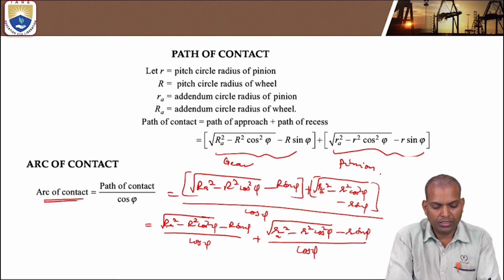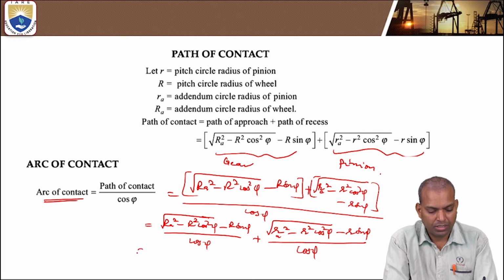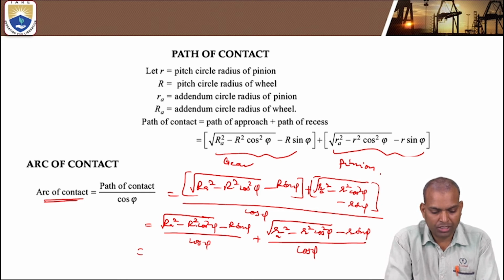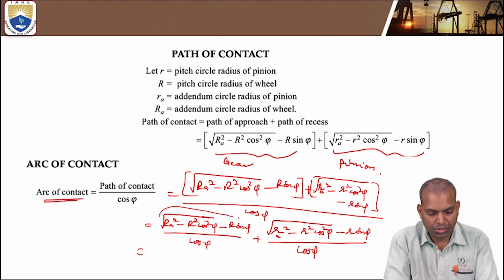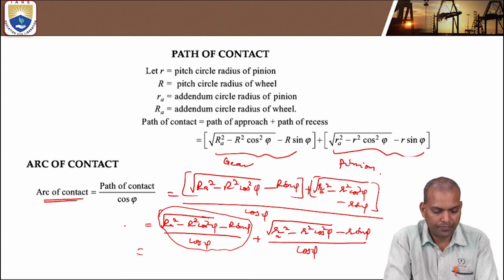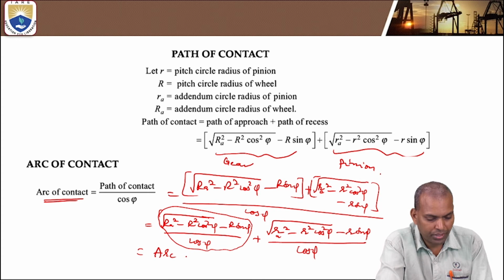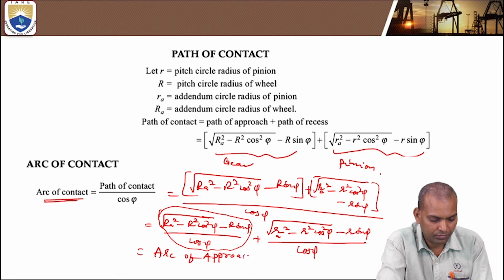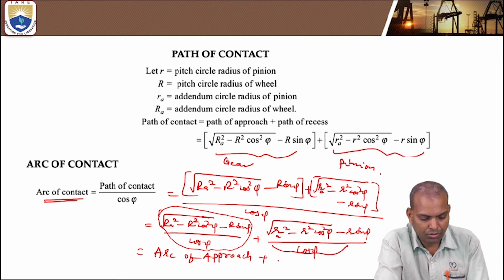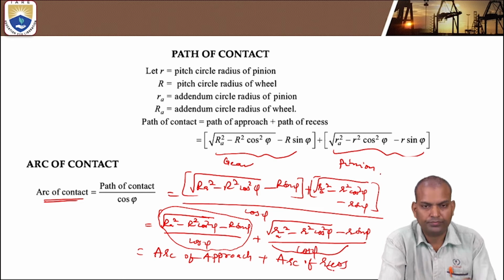After knowing the substitution, this portion, RA square minus R square cos square phi minus R sin phi, is known as arc of approach. And this portion is known as arc of recess.